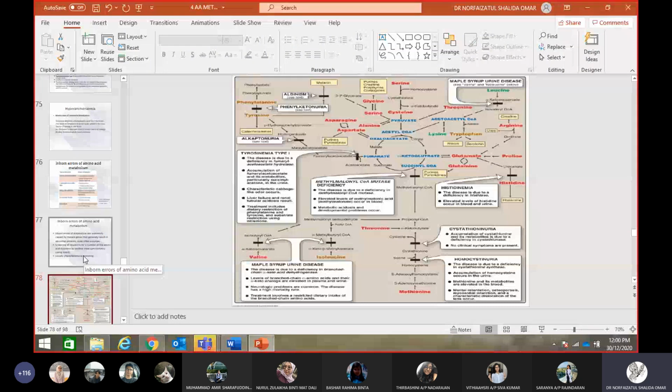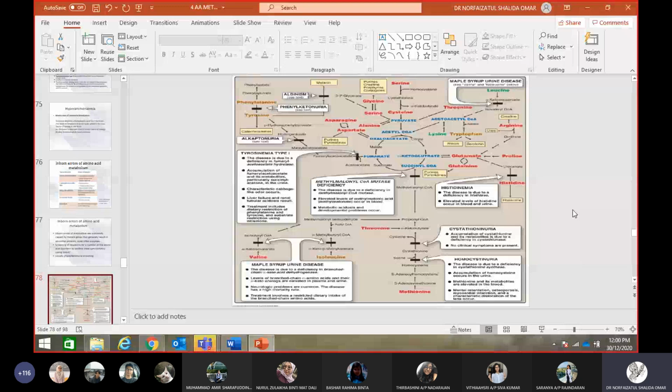It's quite a lot of concepts for you to understand, starting from carbohydrate, lipid, and then amino acid. So tomorrow we are going to try to integrate all the metabolism. You can expect something like this, and we are going to do it together. I'm not going to give a lecture. I've already given you the slides for tomorrow, integration of metabolism.